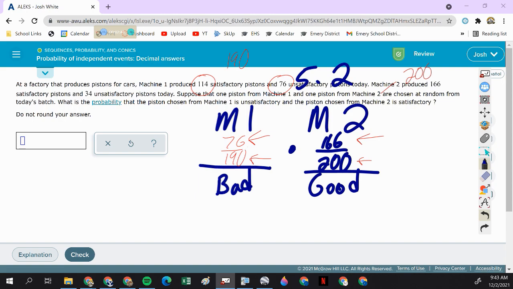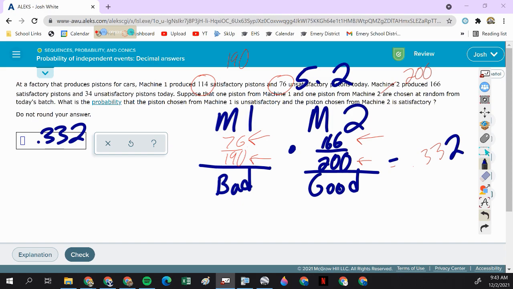And I get 0.332. So the probability is 0.332, which means there is a 33% chance that you reach into box 1 and pull out a bad one, and then you reach into box 2 and you pull out a good one.